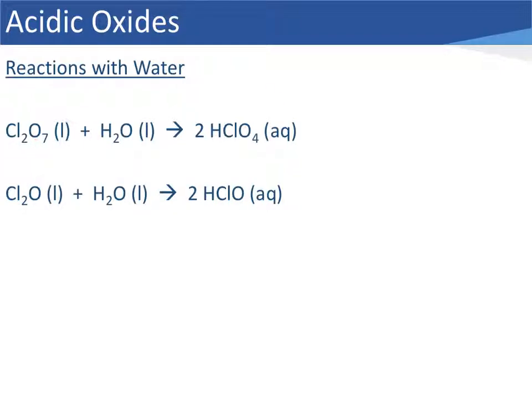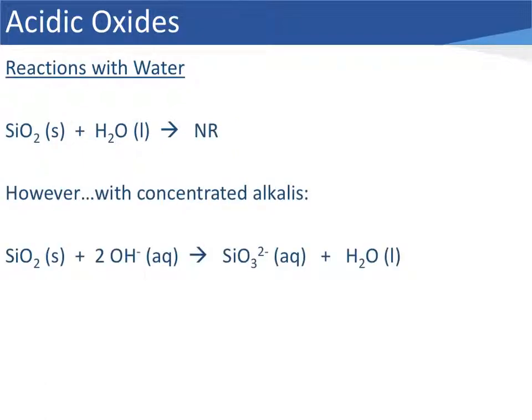These are both acids again. Now, silicon dioxide, when it reacts with water, is no reaction because it does not dissolve. However, with a very concentrated alkali, silicon dioxide will react to form a silicate and water. Hence, silicon dioxide is considered an acidic oxide because it's reacting with a base.